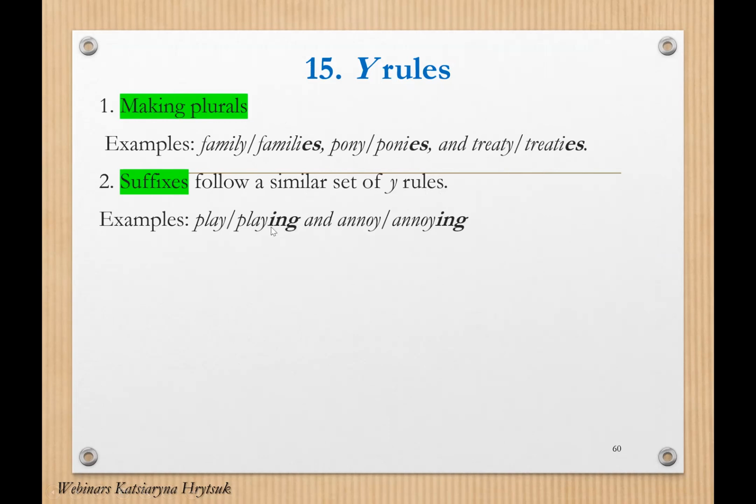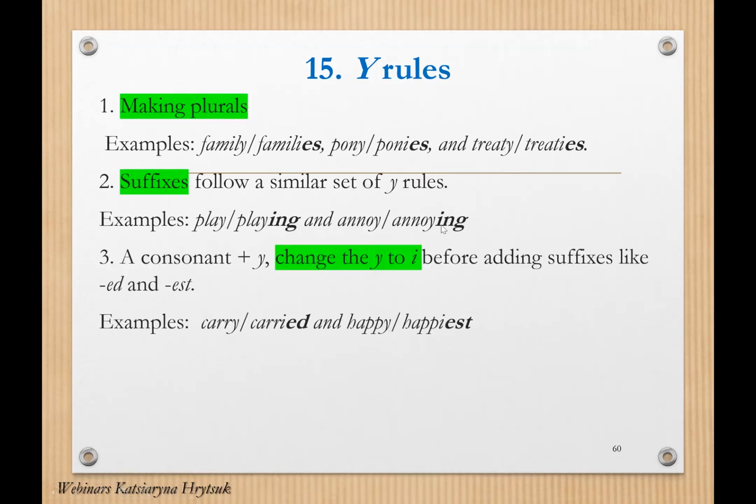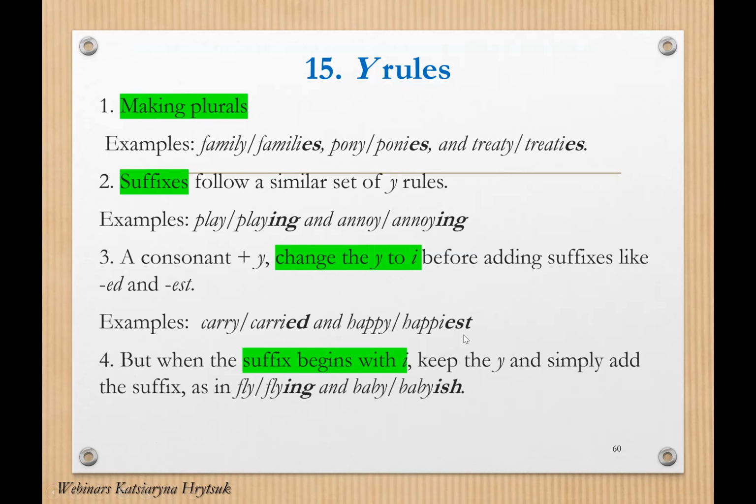Play, playing, so we just add ing. Annoy, annoying. Then consonant plus Y, change Y to I. You know, carry, carried, happy, happiest. But when the suffix begins with I, we keep our Y and just add ing. Fly, flying, baby, babyish.